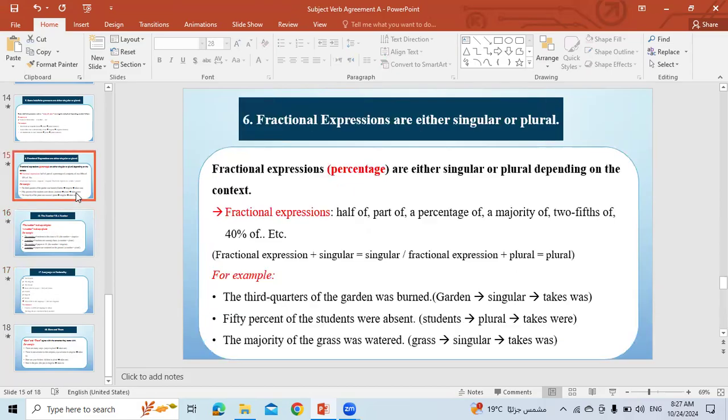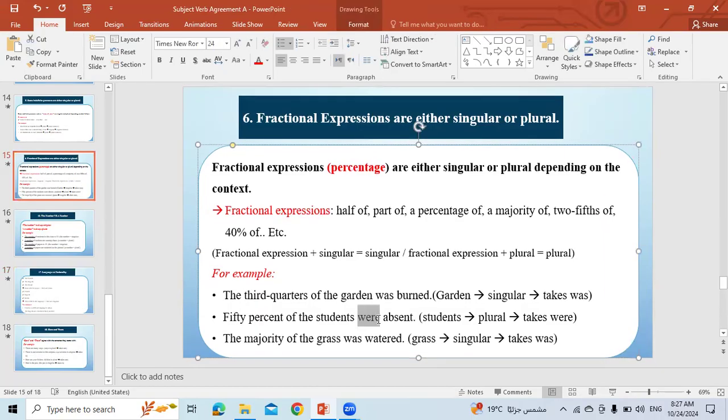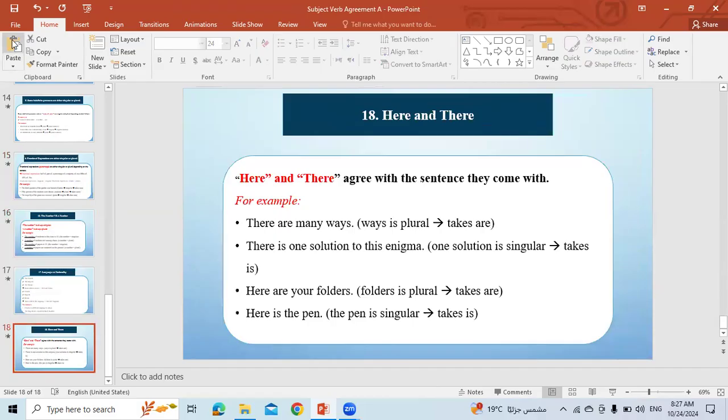Yes, here, statistics. If you have a statistic or percentage, it depends on what's after it. When you say 50% of the students, what's after 50%? Students. Plural, so are or were. But if you say three quarters of the garden, what's after it? Garden, singular, so was. And so it depends on what's after the percentage.